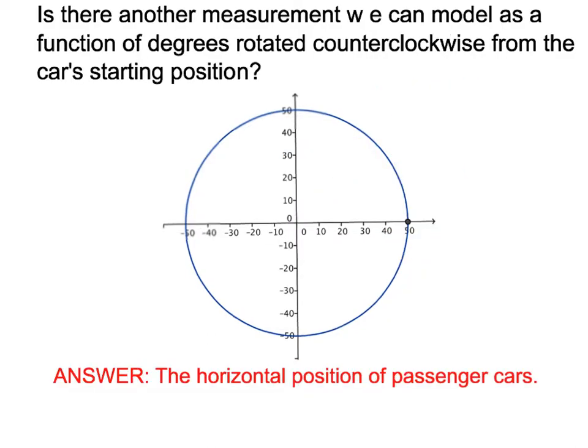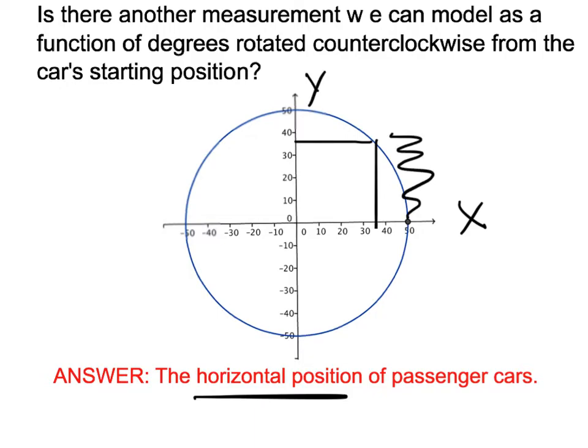You can measure the horizontal position of the passenger cars. When we used the x-axis, we were measuring the vertical position. Now you can measure the horizontal position there. Or actually, we were using the y-axis to measure this. That's the height of the car. Now what we are doing is we can use the x-axis.